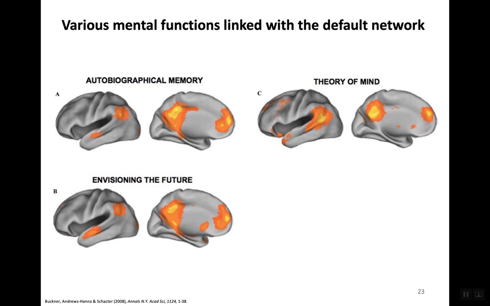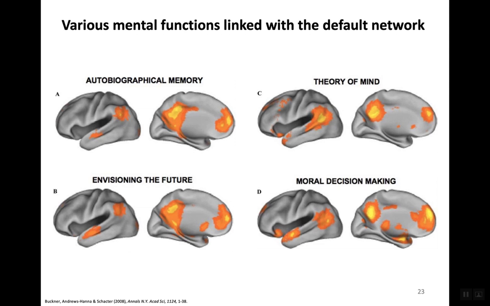We simply project our desires and our goals and our reasoning onto other people, while later in life we become keenly aware that people have other goals, other types of motivation, and consequently a different way of reacting, thinking, and feeling to external stimuli. So again, all of this falls under the umbrella of theory of mind. And whenever we try to think about what somebody else might be thinking, we engage the default network.